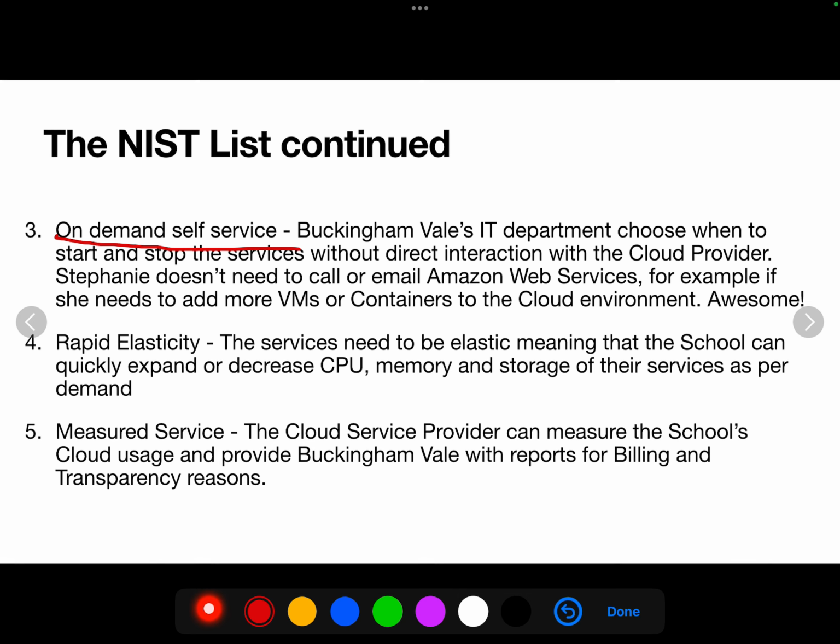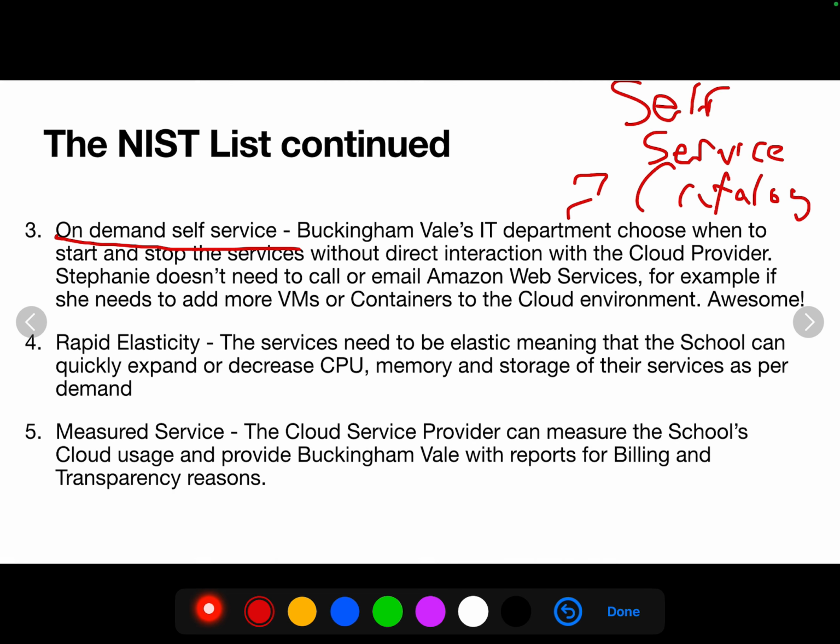So they have the ability, and I'll talk about this as well in a later slide, but basically there's something called a self-service catalog. So let me write that a bit more clearer. Self-service catalog, and that enables IT personnel to be able to request their own services without direct interaction with the cloud service provider.